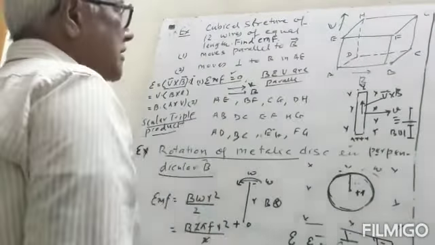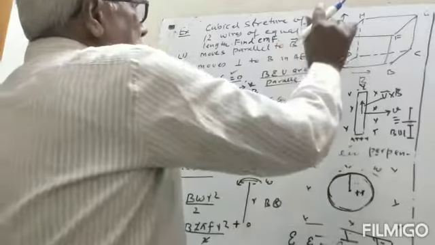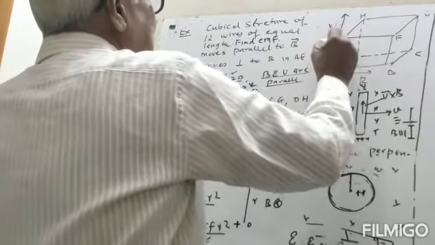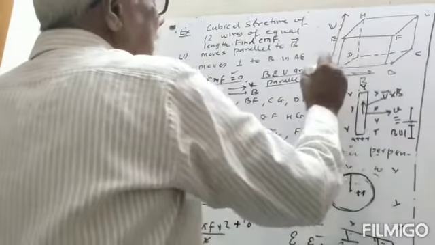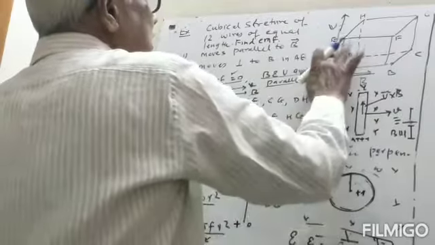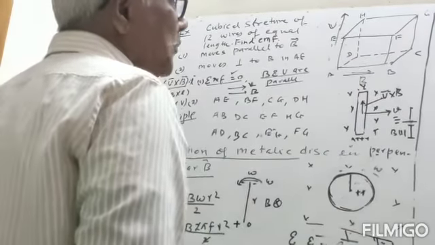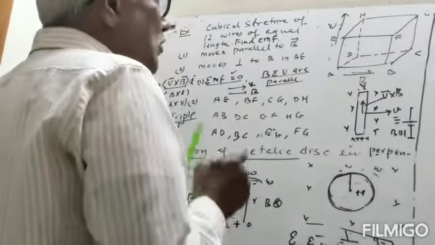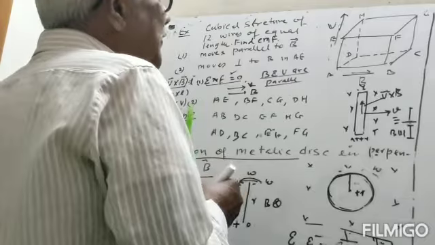In the second case, the cuboid is moving perpendicular to the direction of B. Now we have to consider different sides.